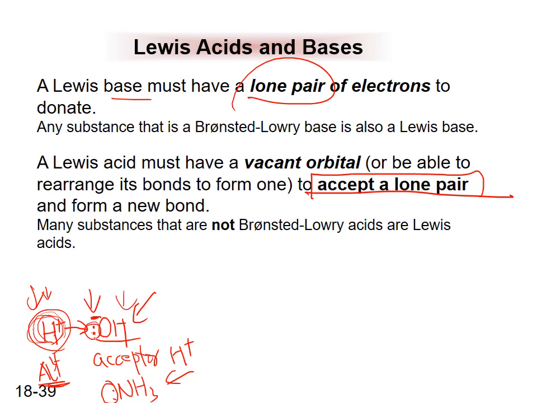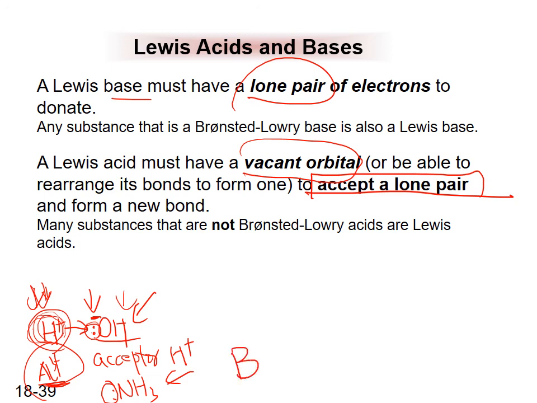Now, usually it must have a vacant orbital, because if you have an empty orbital, then it can accept a lone pair electron. For example, a proton doesn't have an electron, so it can accept a lone pair electron. Aluminum 3+ has empty valence orbitals, and therefore it can accept a lone pair electron.